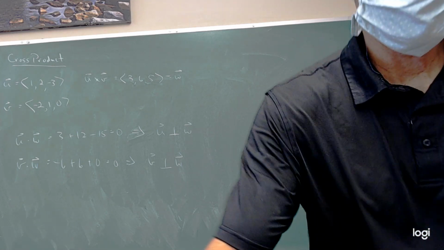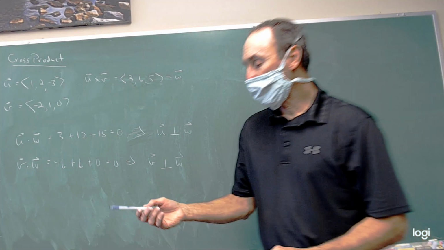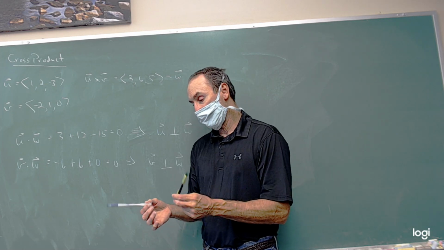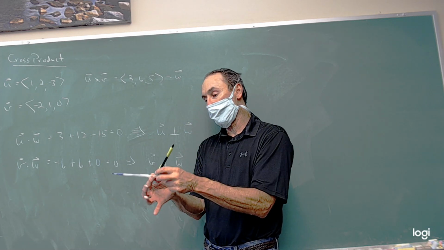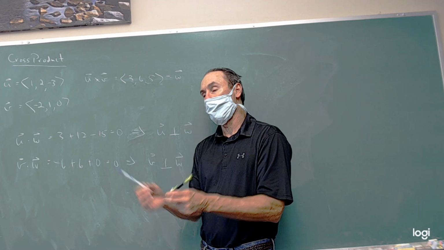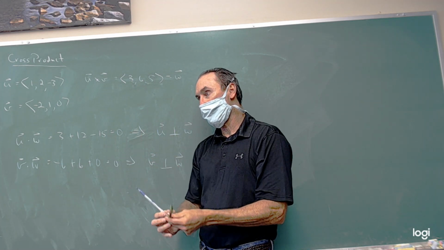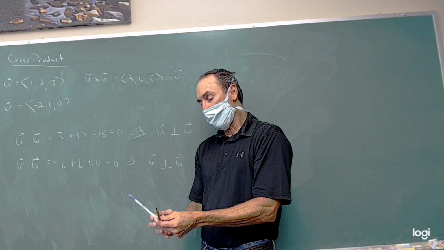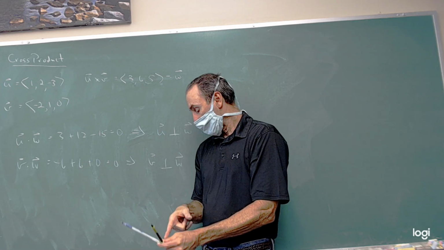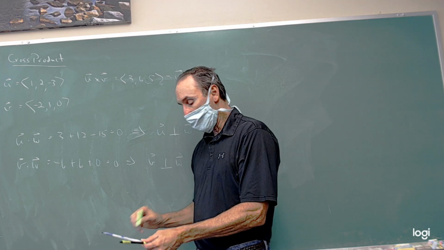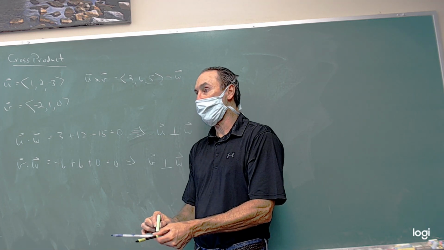So what we're getting is we have these two vectors in space, wherever they may be. We think of them in standard position, so wherever they may be in space, we imagine putting them at the origin. And what we're getting is a vector that's perpendicular to both of those vectors at the same time.